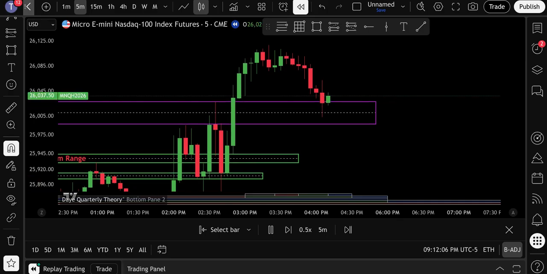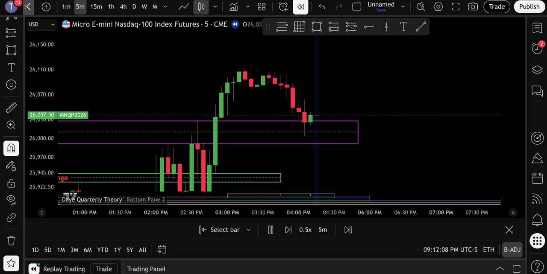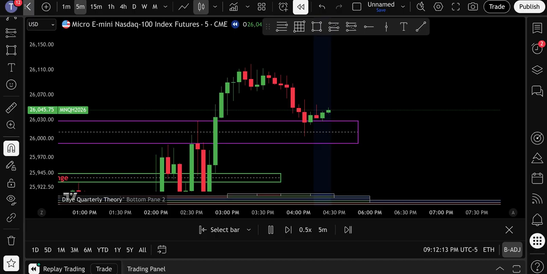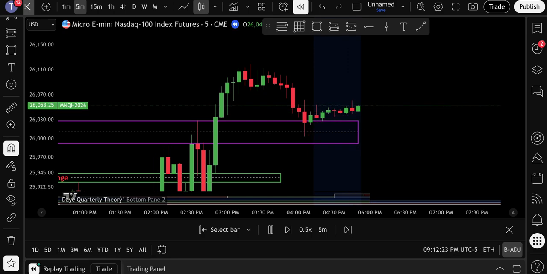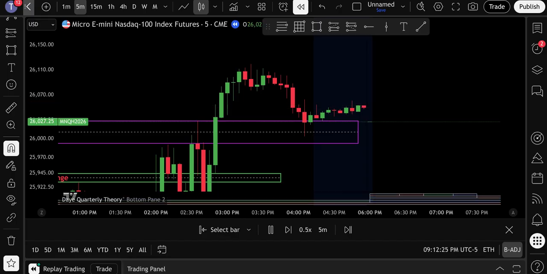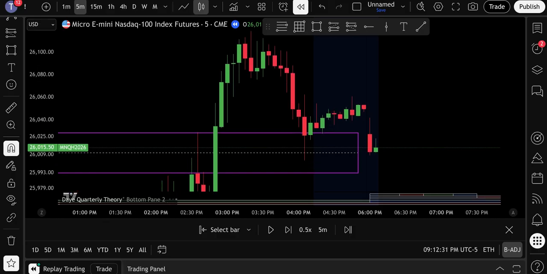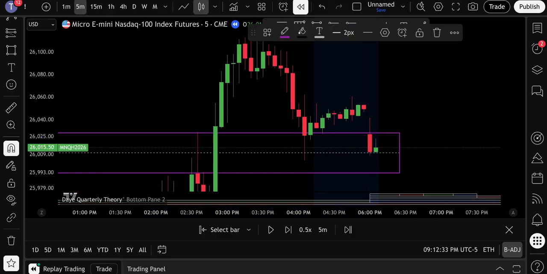Other students would say, show me proof with the bodies respecting either consequent encroachment or the high of the fair value gap. Is there any body closing at the high? No. We do have a body close right here on this candle at the consequent encroachment. As soon as it does that, we now can trust that this area here should not be traded down into.